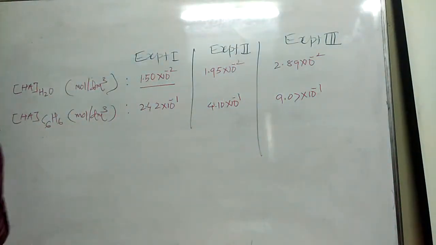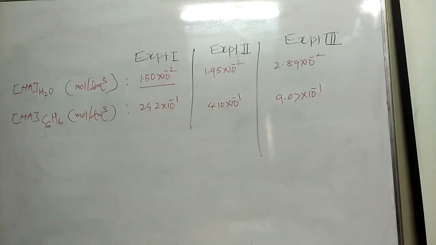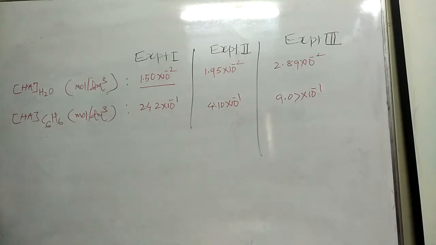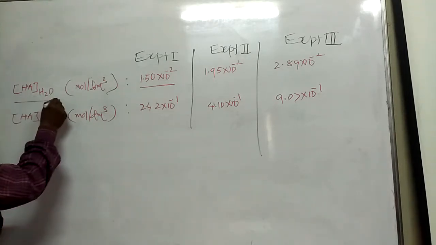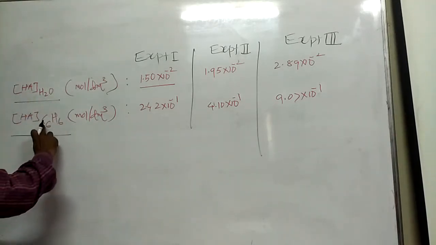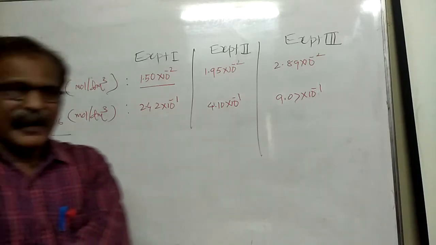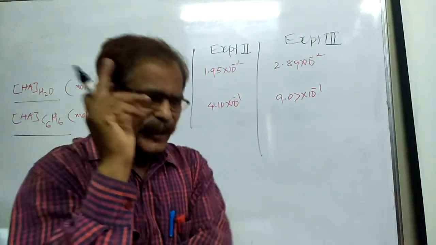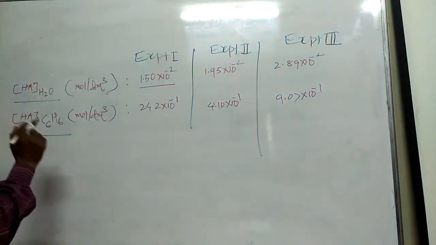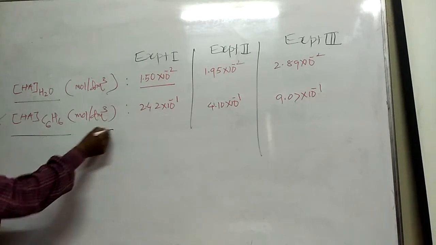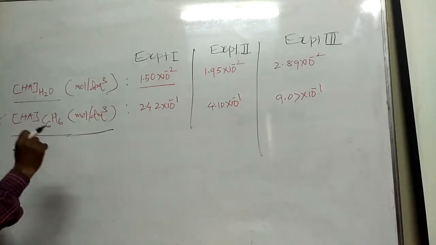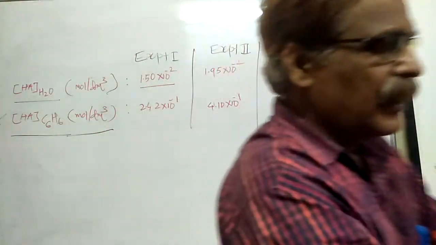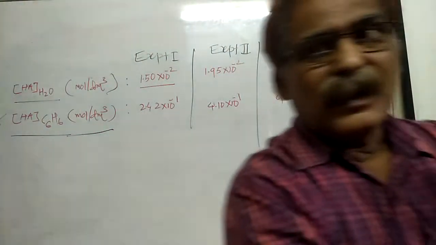Now, when we look at the numerical values of concentration of acid in aqueous layer and in organic layer, we will find that the concentration of organic acid in organic layer is higher in each case than the corresponding concentration in aqueous layer.